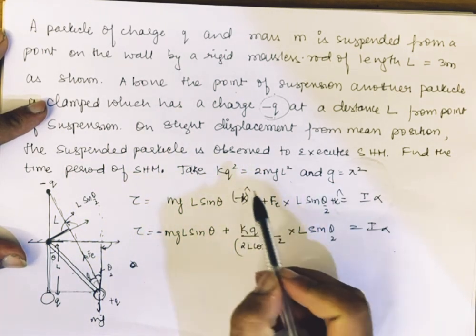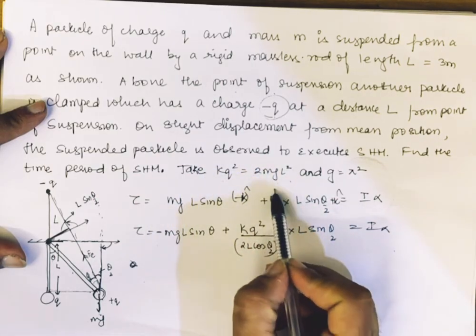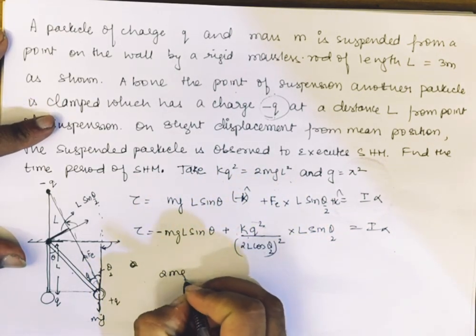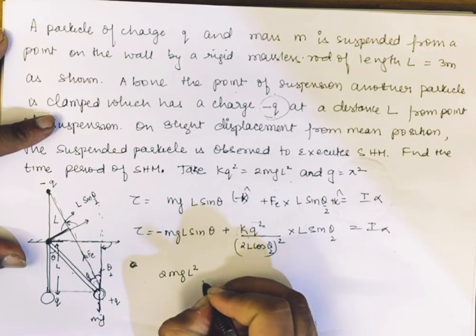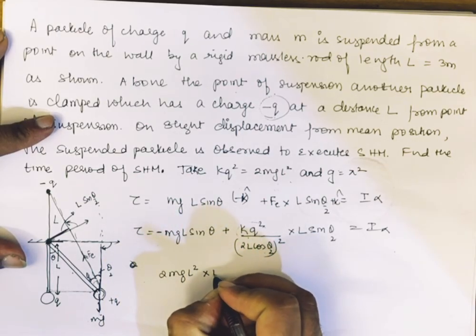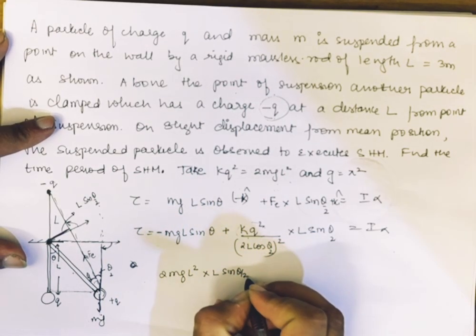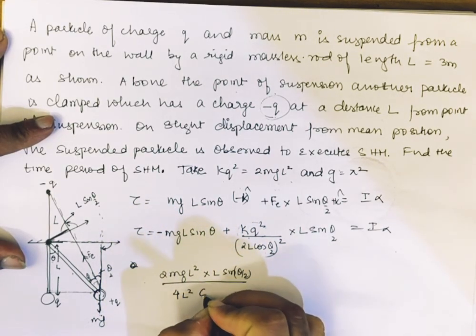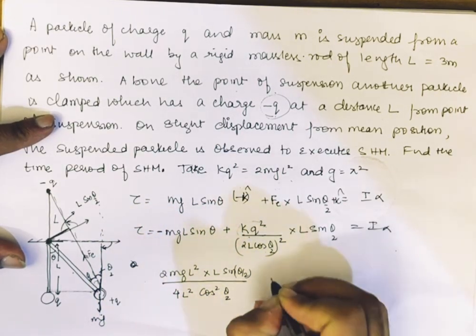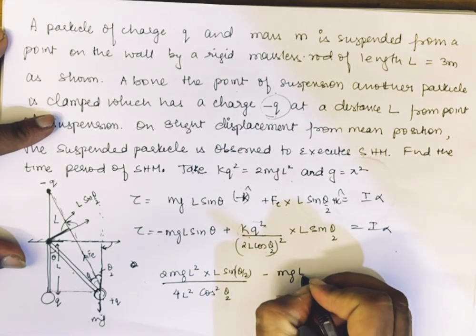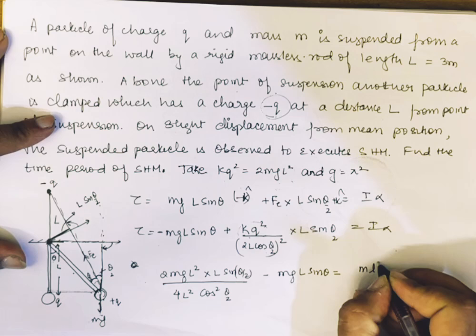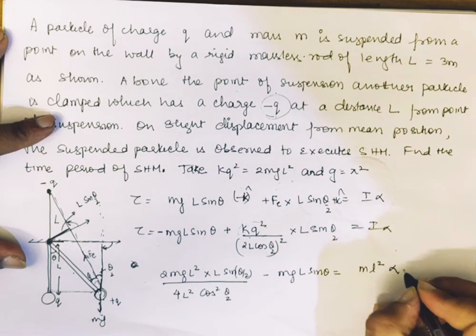And they have given that kq square can be written as 2 mg L square. So I'll write it now. So kq square is 2 mg L square into L sin theta by 2, divided by 4L square cos square theta by 2, minus mgL sin theta, equals ml square alpha.